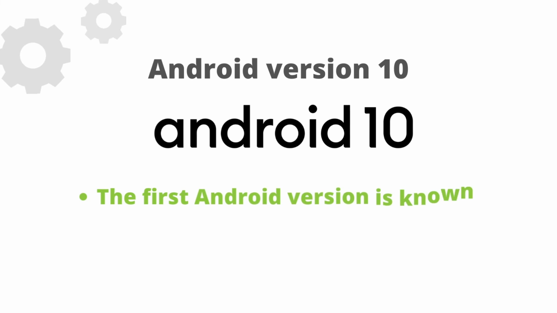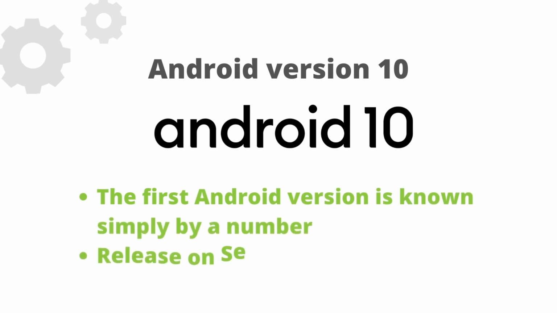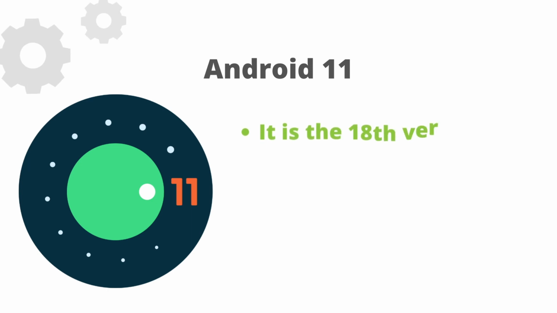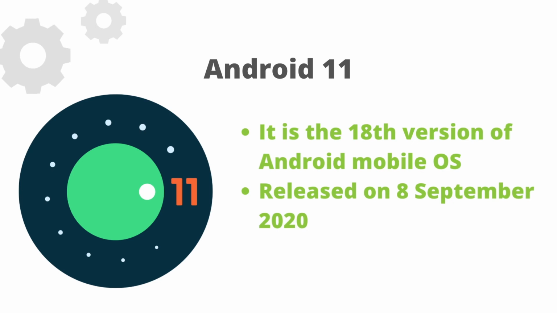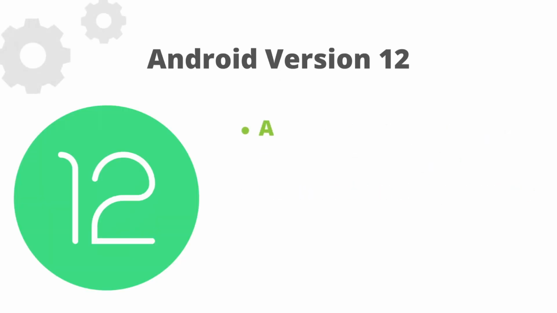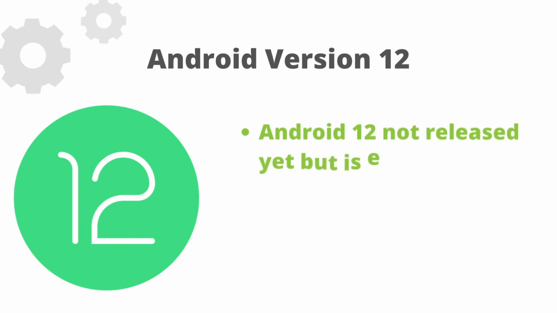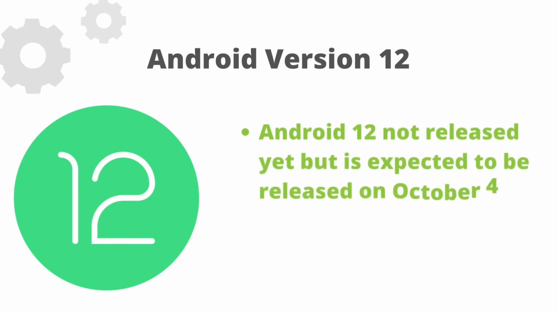Google released Android 10, which is the first Android version known simply by a number, with no dessert-themed moniker attached. The stable version of Android 10 was released on September 3, 2019. Android 11 is the 18th version of the Android mobile operating system, which was released on 8 September 2020. Android 12 is not released yet, but is expected to be released on October 4, 2021.